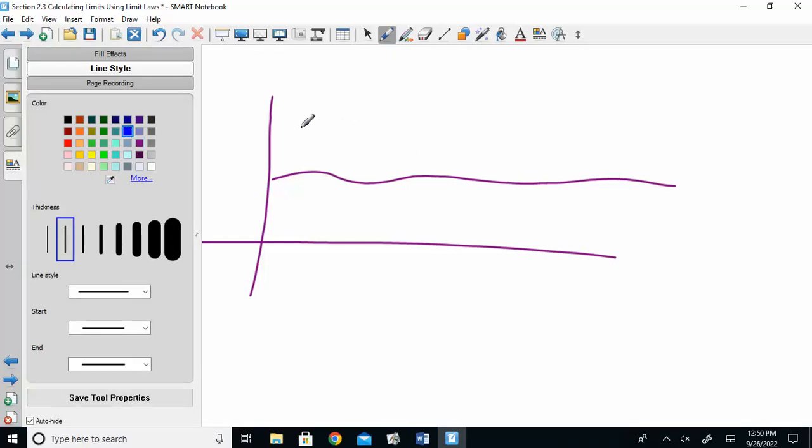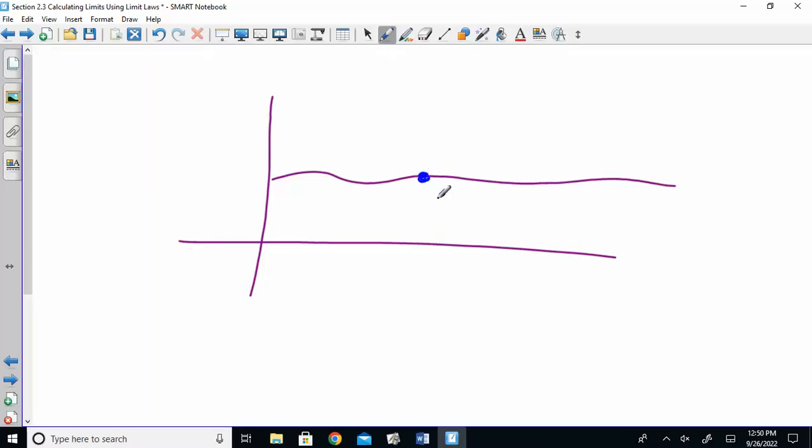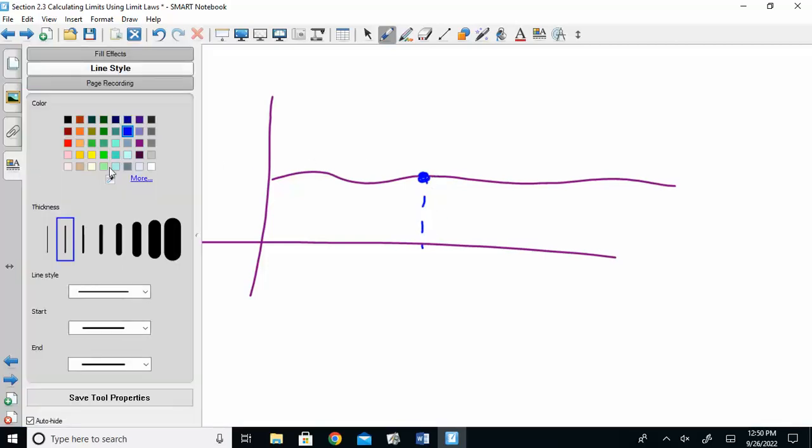And maybe I can take two functions that I do know. So maybe I want the limit right here. This is my point of interest. I want to know what the limit is right there. Okay, maybe I can't figure it out because I don't know enough about that function.